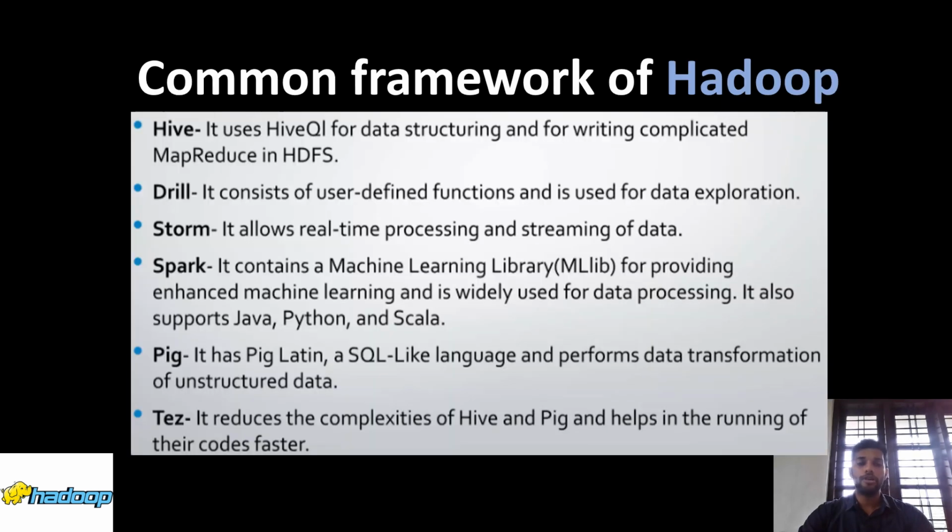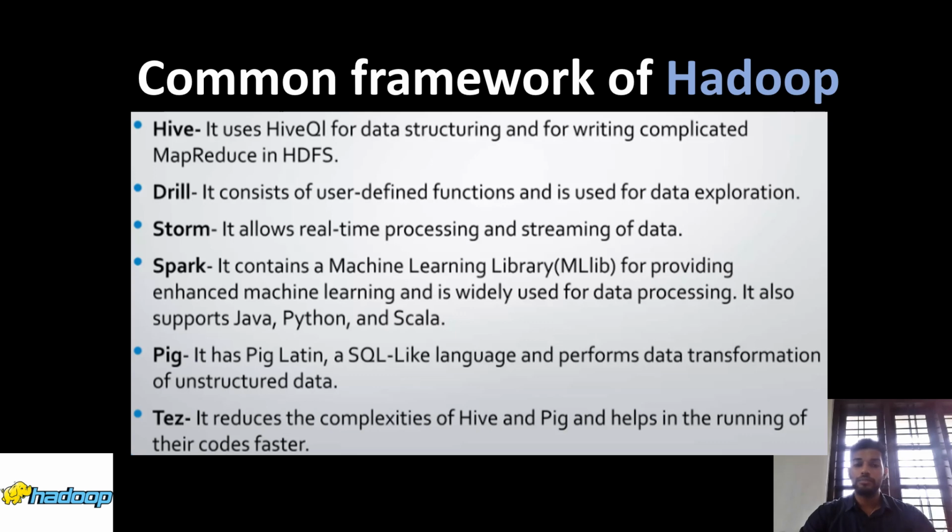The common frameworks of Hadoop are Hive, Drill, Storm, Spark, Pig, Tez, etc., which I'll be discussing much more deeply later. Basically, Hive makes use of HiveQL for data structuring, and we make use of it instead of writing complicated MapReduce in the Hadoop distributed file system. Drill consists of user-friendly functions, and it is used mainly for data exploration. Storm allows real-time processing and streaming of data.